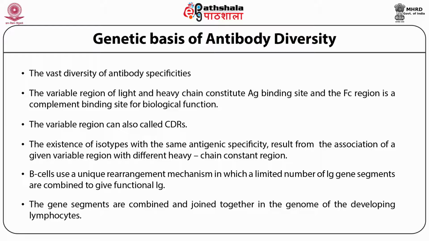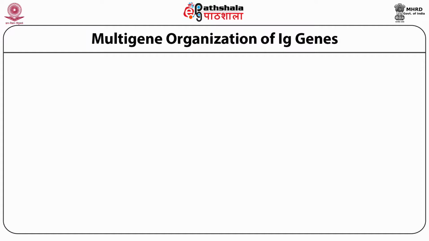Once the light and heavy chains come together, that's how a unique rearrangement, what is called gene recombination, gene movement, is responsible for producing the various immunoglobulin molecules.